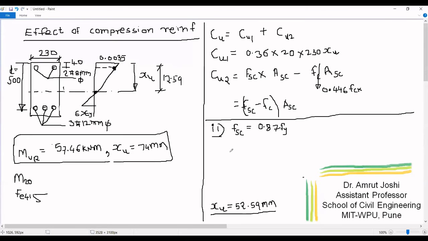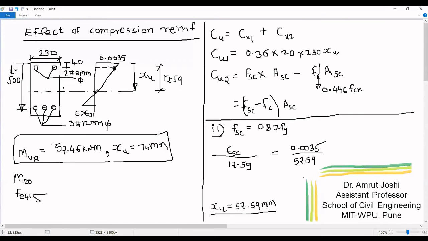So let us apply now similarity of triangles, and what we get is strain in compression steel divided by 12.59 must be equal to 0.0035 divided by Xu, 52.59.